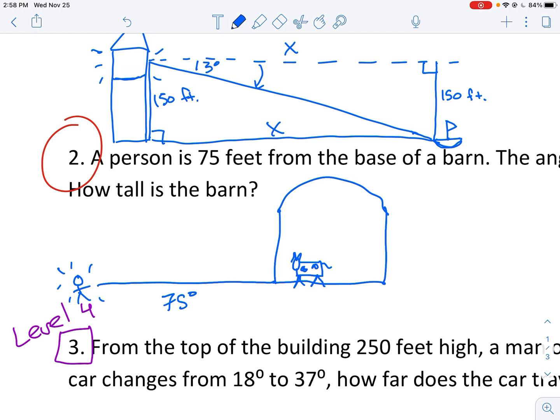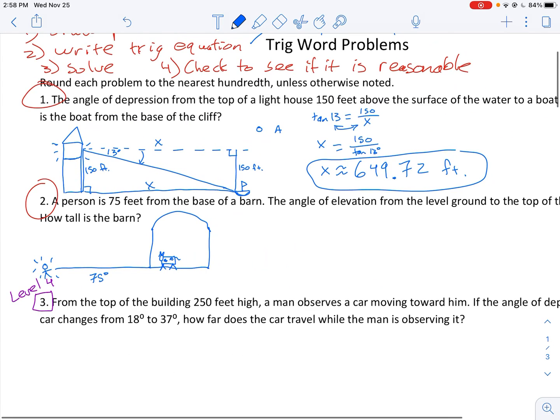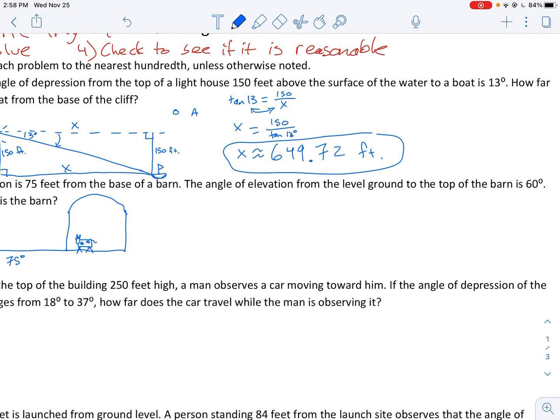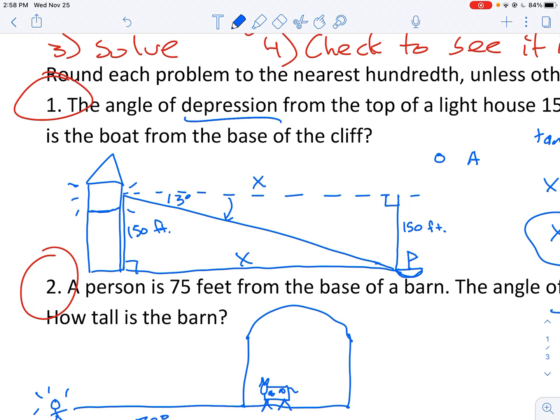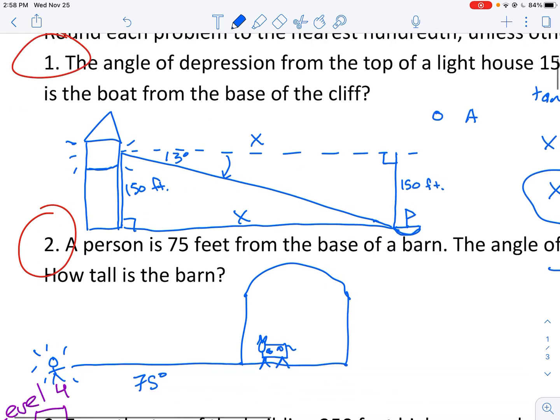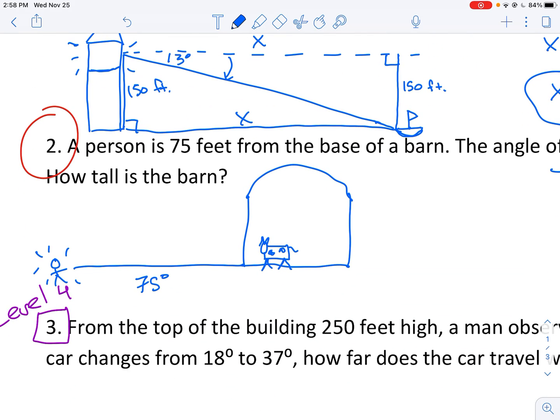And the angle of elevation from the level ground to the top of the barn is 60. So much like how the angle of depression is how far down you look, the angle of elevation is how far up you look.